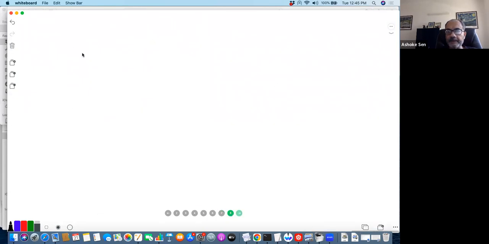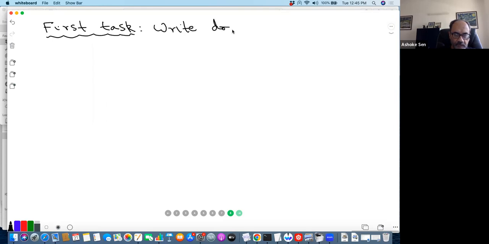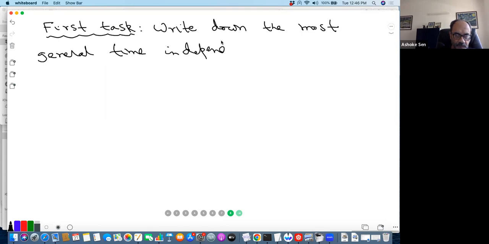So the first task is to write down the most general time independent and spherically symmetric solution.